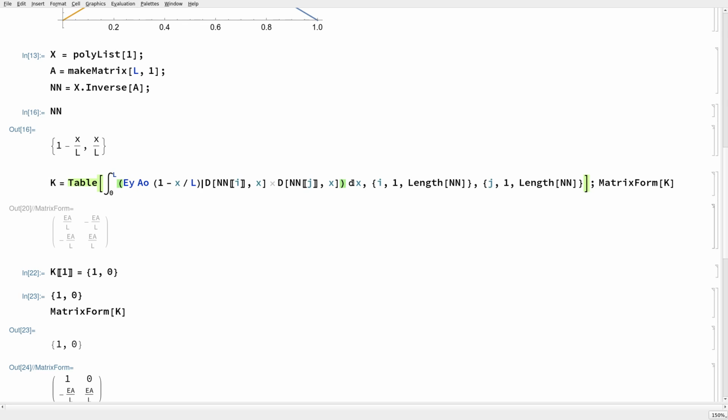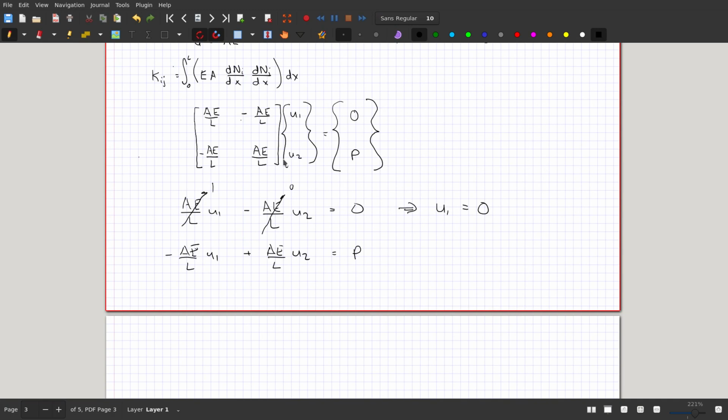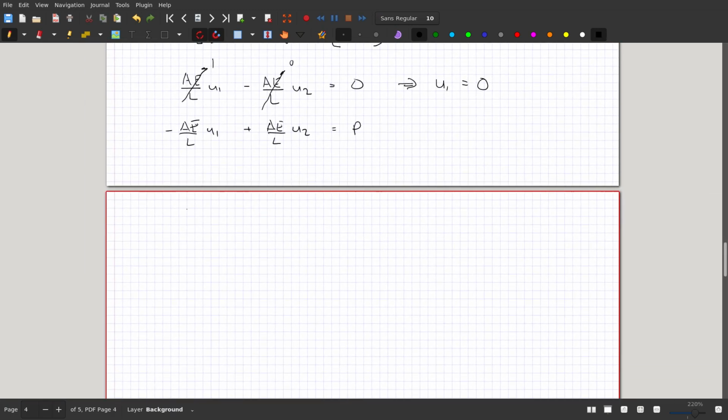So you have an initial A0, and then it goes down to a point such that at X equal to L, there's no area, right? So it's like this. So this is A0, this is L, right?